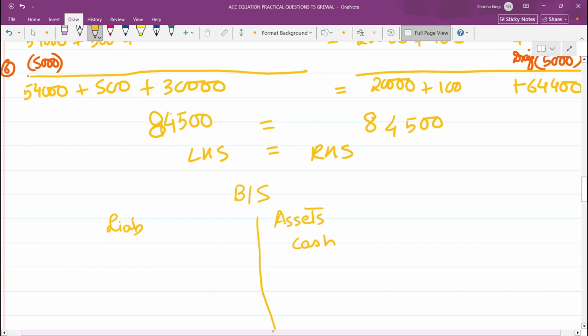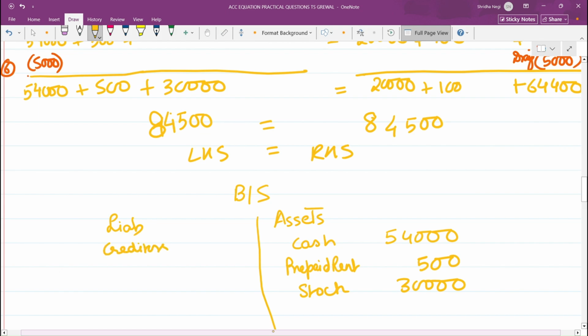ठीक है, तो assets में आपका क्या क्या है? Cash, what is the total? 54,000 cash is there. Then there is prepaid rent, 500, and your stock is 30,000. And then your creditors, liability के अंदर, creditors 20,000.